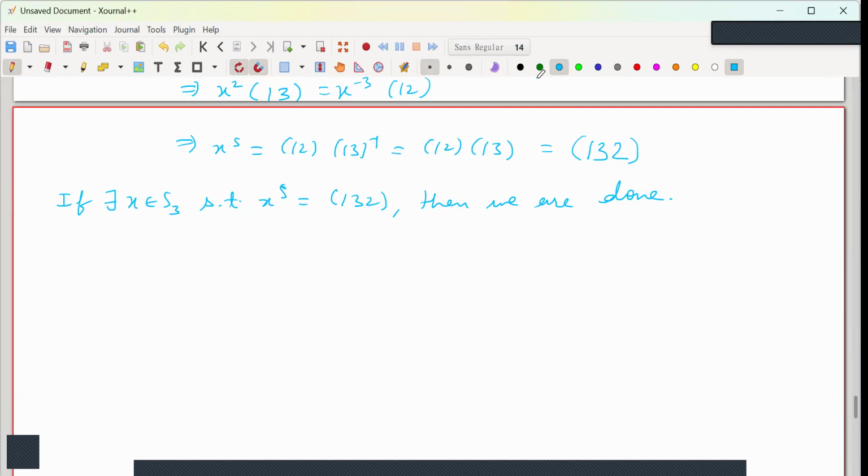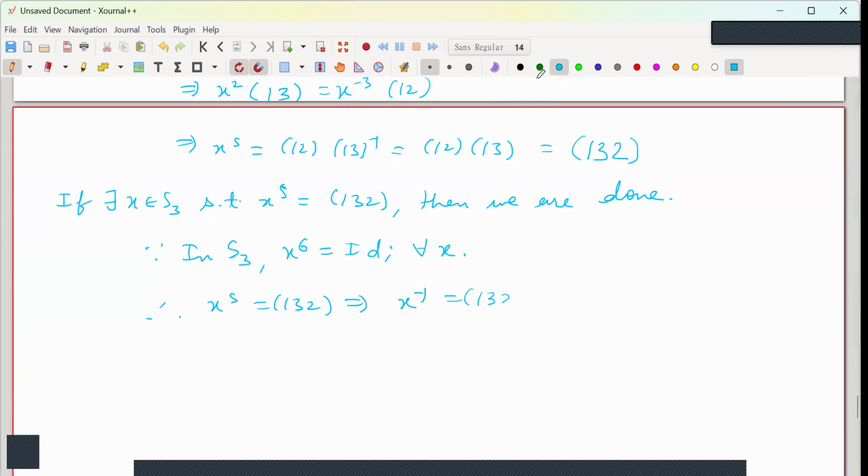See, we also know that in S3, x6 is equal to identity for all x, right? So can we use this? So x5 is just x inverse.